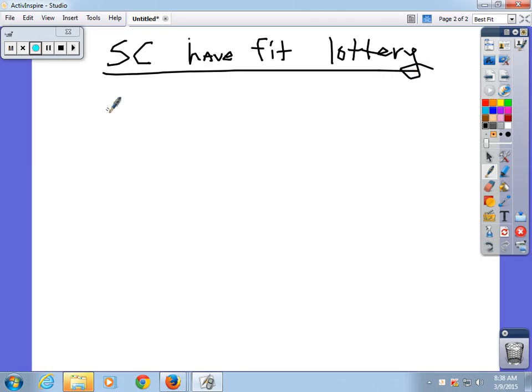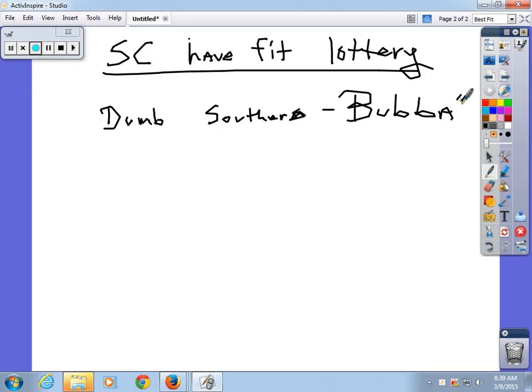We were dumb Southerners, and that means Bubba. What in the heck are you talking about? Well, it's your parents' fault. Bubba is the person from the South. He's got a baseball cap that ain't been washed in 26 years.